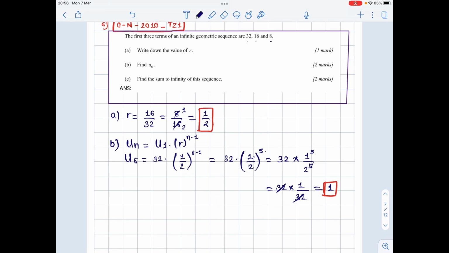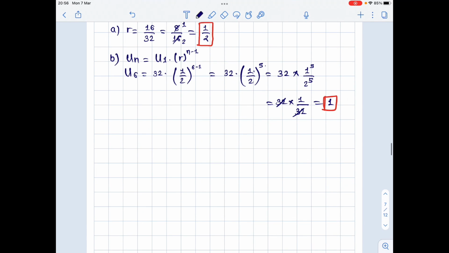Last part, find the sum to infinity of this sequence. Use the same formula, u1 over 1 minus r. u1 is 32. r is 1 over 2.